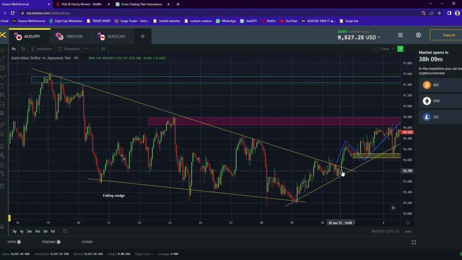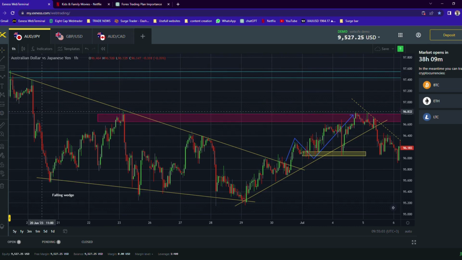and it broke out right here on the 30th of June. Now when a falling wedge is created, you wait until it has broken to the upside, because a falling wedge always breaks to the upside and a rising wedge will break to the downside.